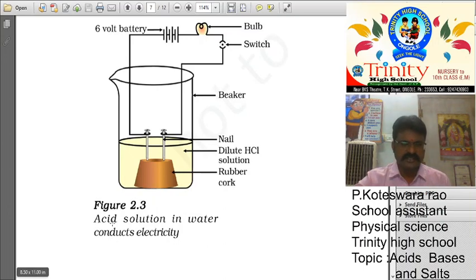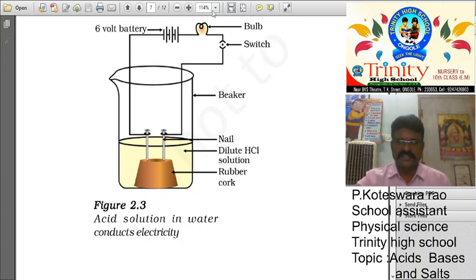Last time, an acid solution in water conducted electricity. Now, in place of acid we take a base. A base solution in water conducts electricity. The apparatus is the same: 2 colored wires, 100 ml beaker, 2 graphite rods, bulb, 230 volts AC plug, switch.